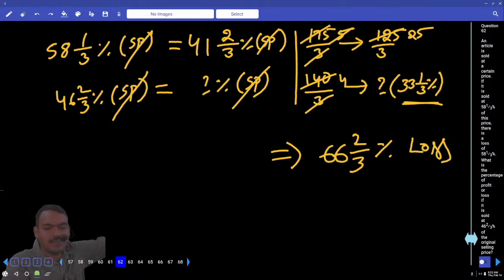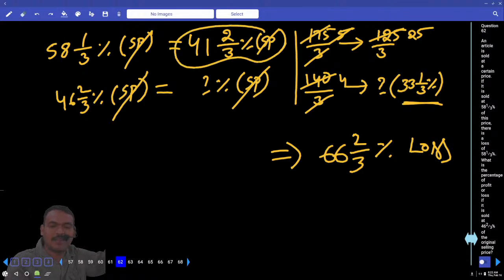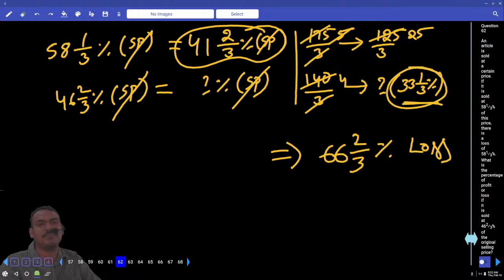First, 41 2/3%, did we take it as selling price or cost price? Selling price. So 33 1/3% is also selling price, so what is the last value? 66 2/3%. Here 33 1/3% is not the final answer, it is only the selling price. But the question is the percentage of profit or loss. How much percent is loss? 66 2/3% loss.